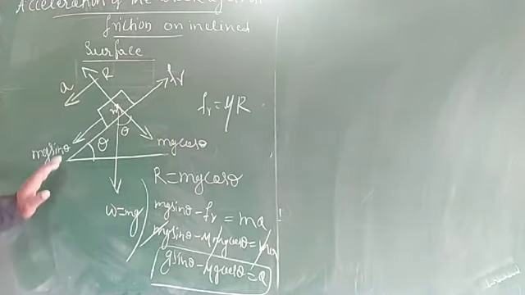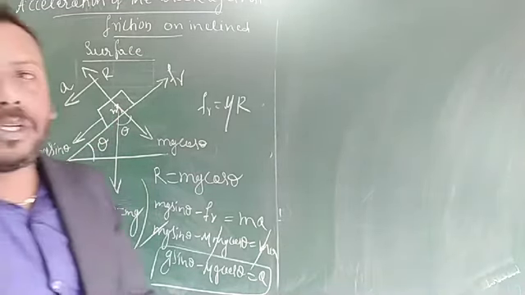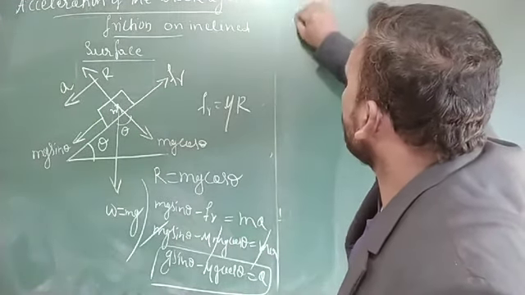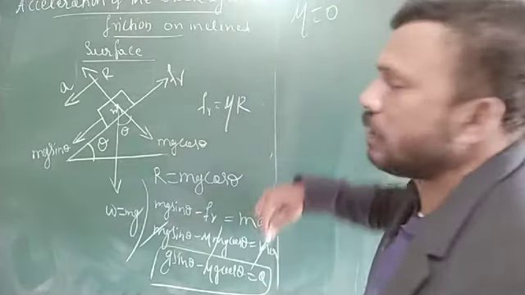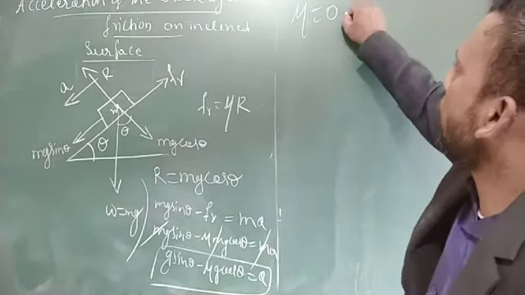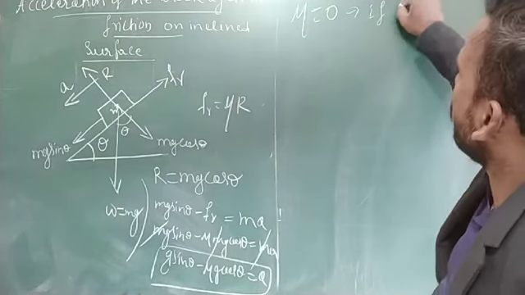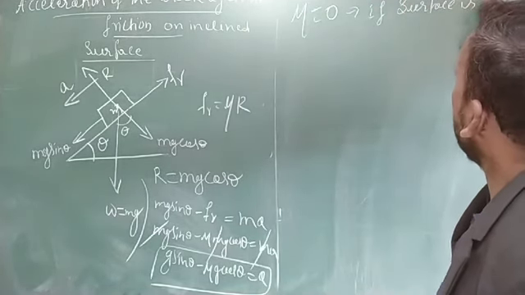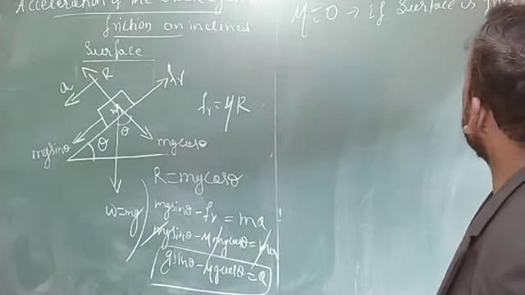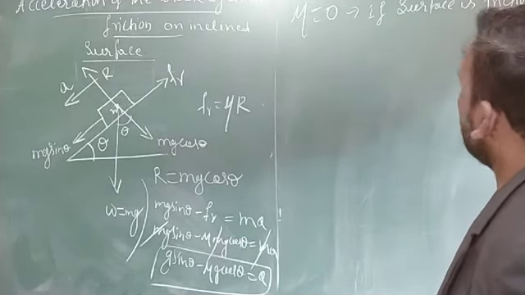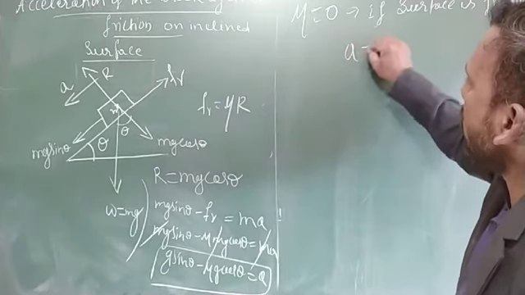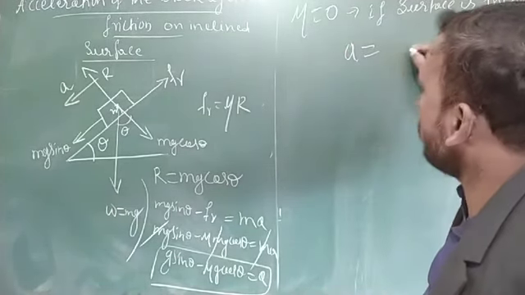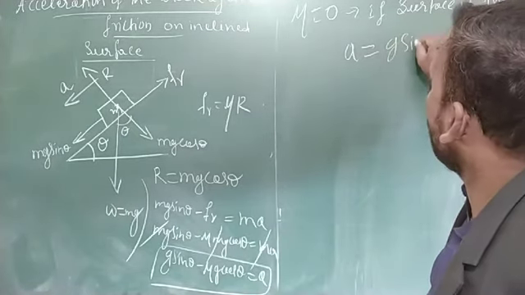If the inclined surface is smooth, it means mu is equal to 0. Coefficient of friction is 0. If the surface is frictionless, therefore the acceleration of the block on the frictionless inclined surface is g sin theta.